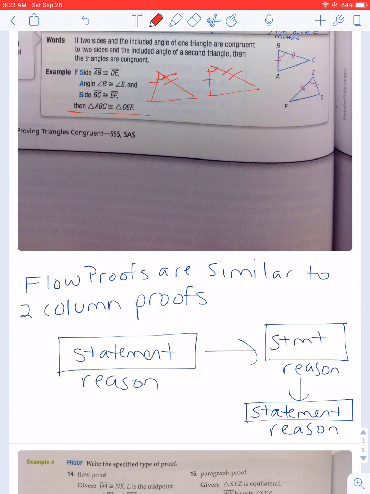They just look different. Flow proofs use basically a flow chart, and inside the box contains your statement. The wording below the statement is your reason, okay? And then you just follow the arrows, and the arrows can be going every which way. You just follow the arrows.